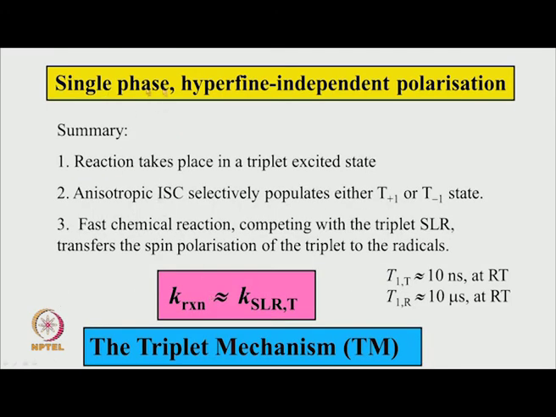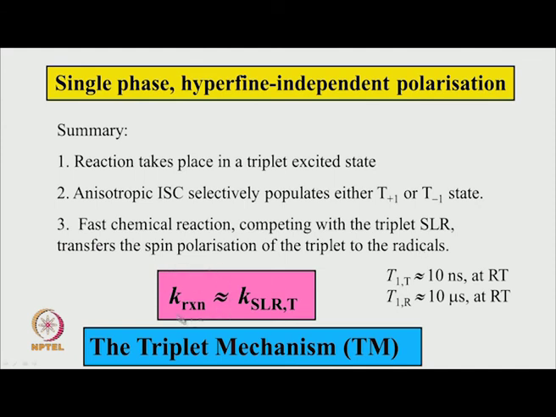The summary of the single phase hyperfine independent polarization is that the reaction takes place in the triplet excited state, the first requirement. Then anisotropic ISC selectively populates either the T plus 1 or T minus 1 state. And then a fast chemical reaction competing with the triplet spin lattice relaxation transfers the spin polarization of the triplet to the radical.